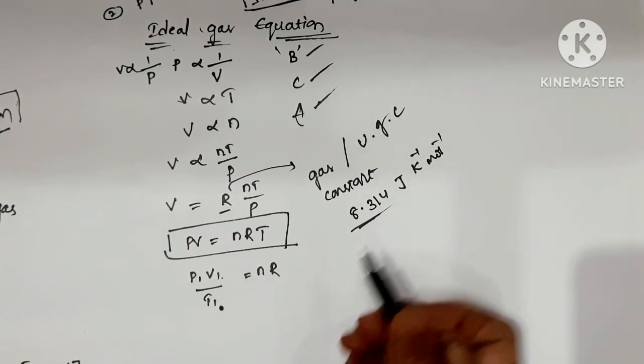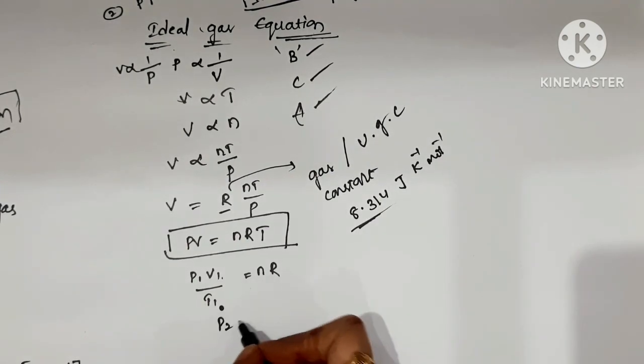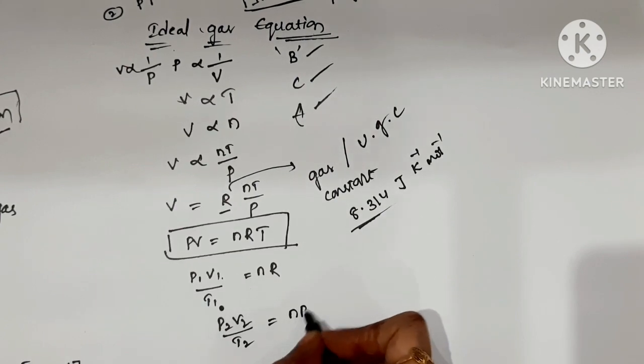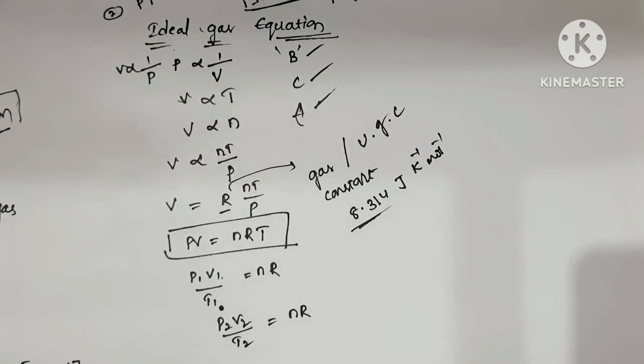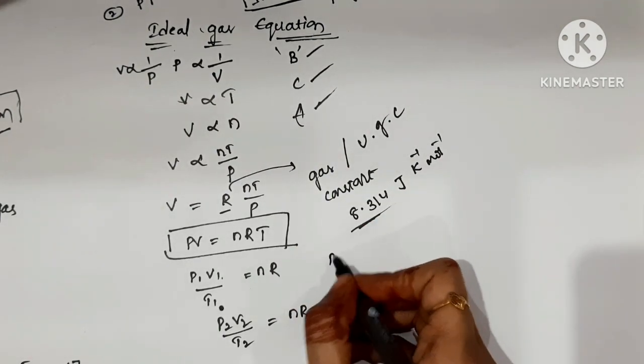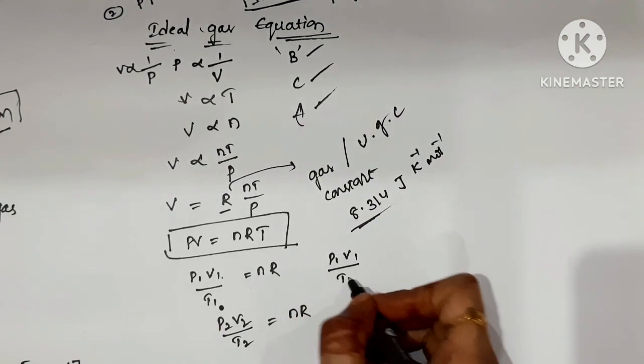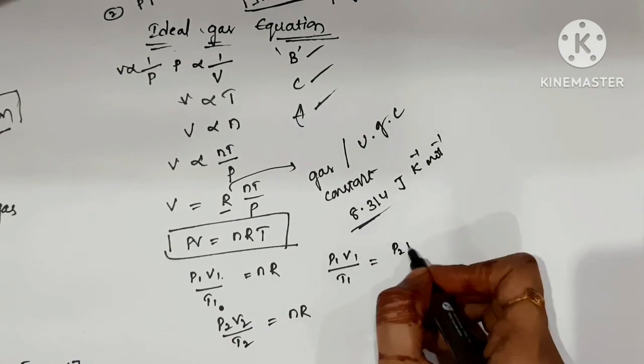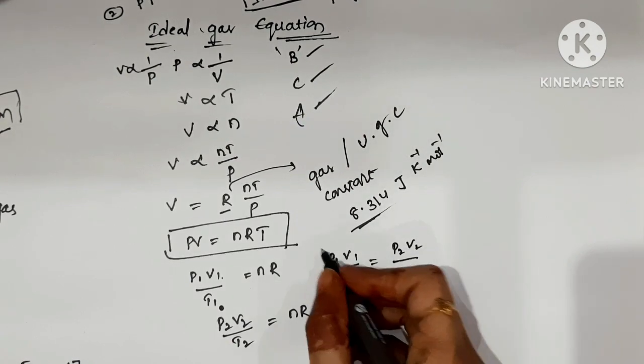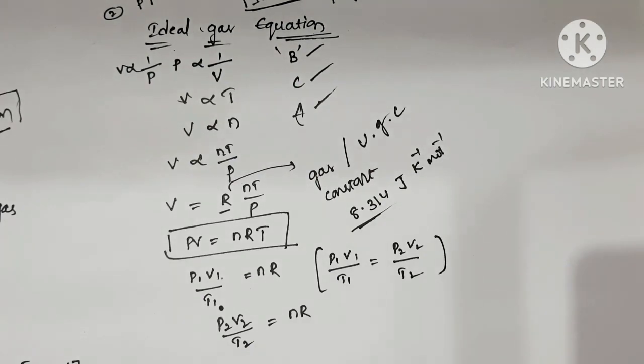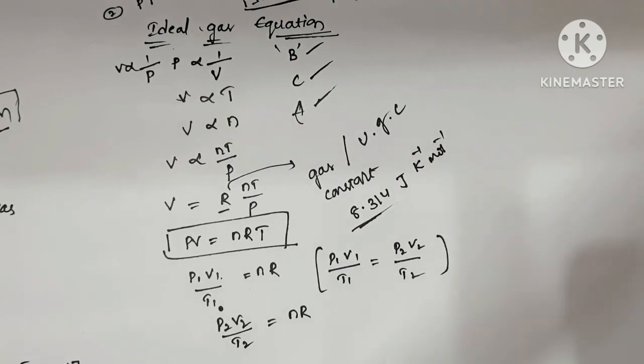Then the final P2 V2 by T2 is equal to nR. So P1 V1 by T1 is equal to P2 V2 by T2. This is known as the combined gas law.